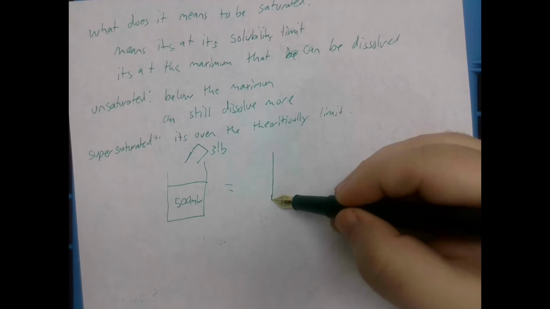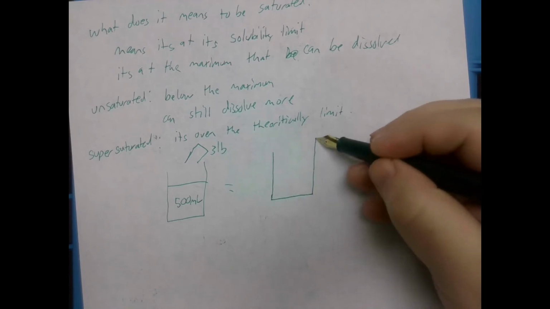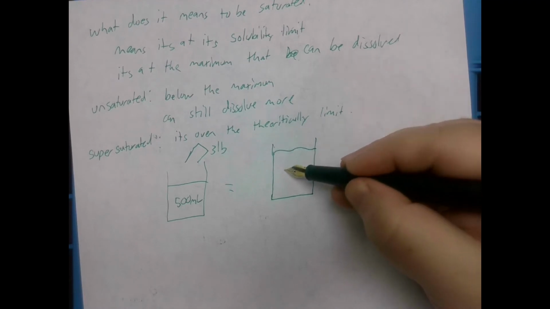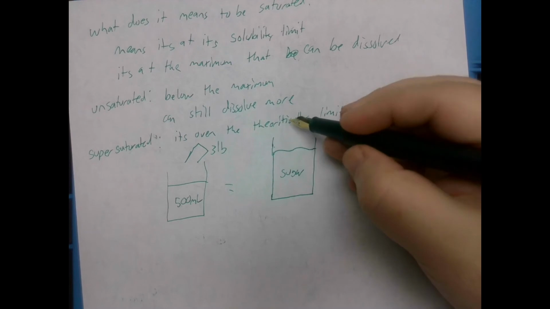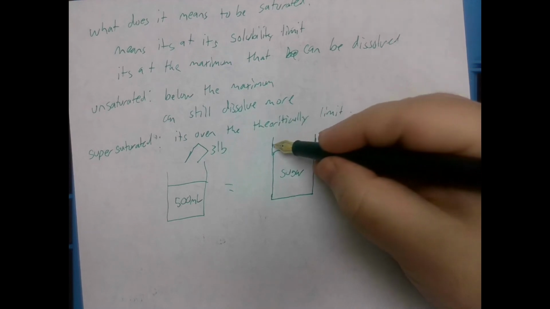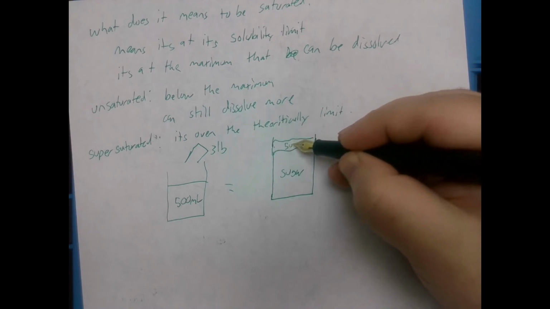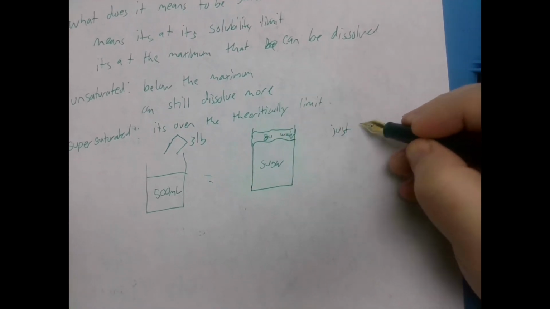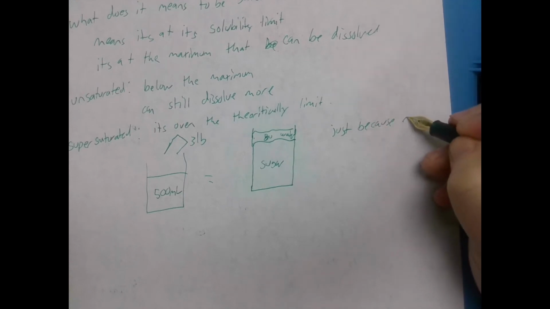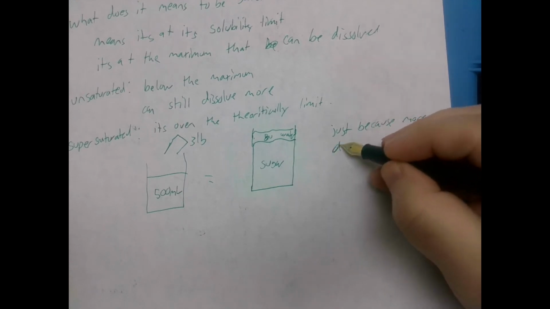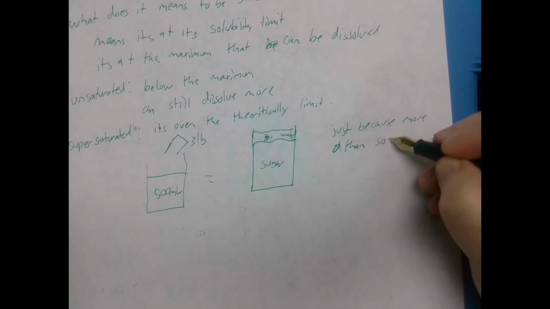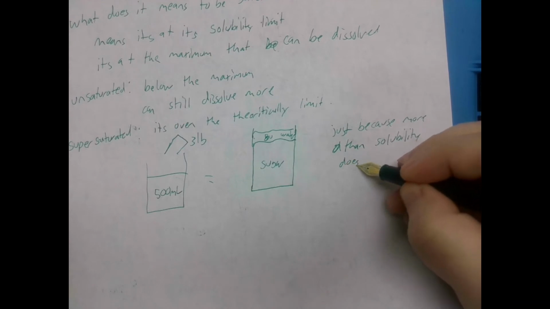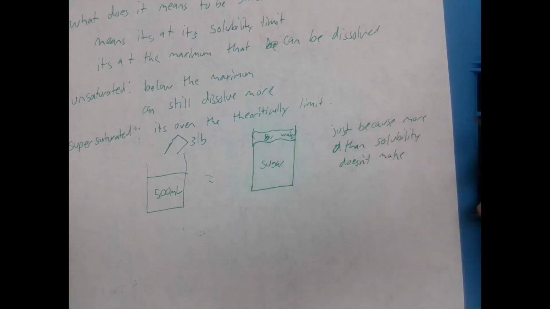It's going to be saturated. What's going to happen is we're going to have a giant pound of sugar with a little bit of water on top of it. My point is, just because you add more than the solubility doesn't make it supersaturated.